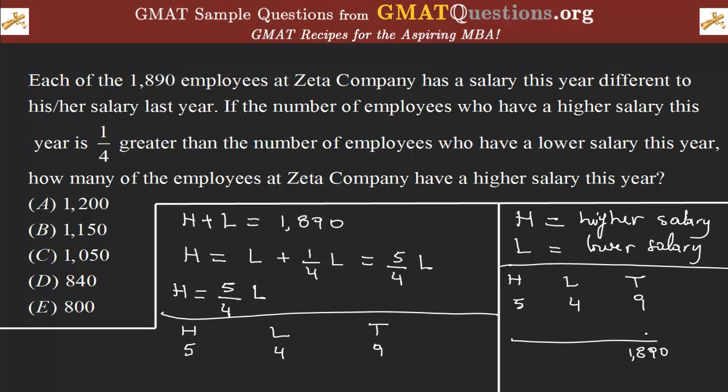So how to find the multiplier? Very simple. We have to divide 1890 by 9. Okay, if you divide 1890 by 9, you're going to find that you can do it. Let me actually erase here.